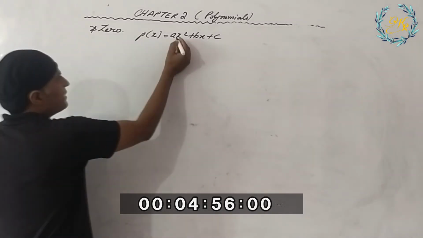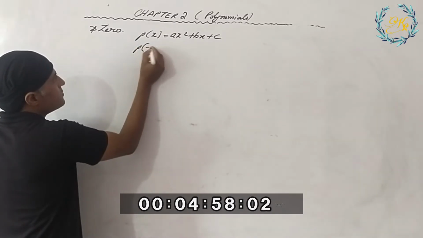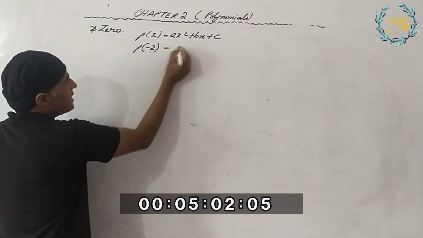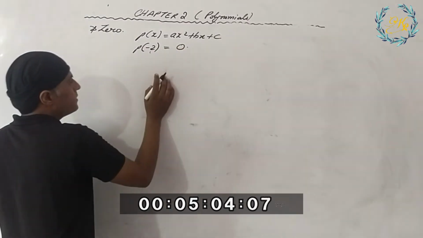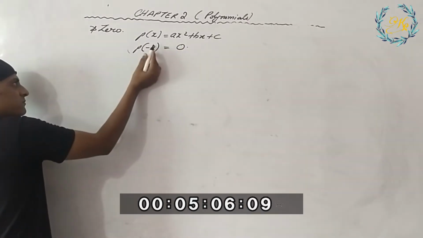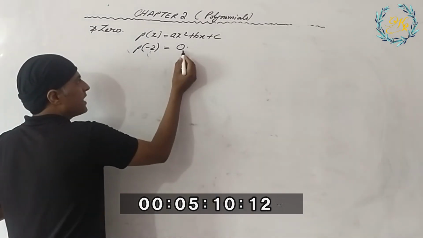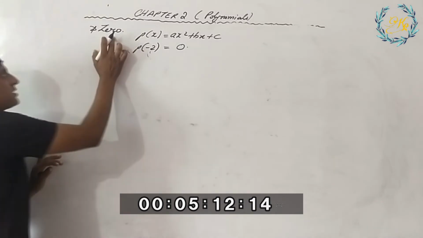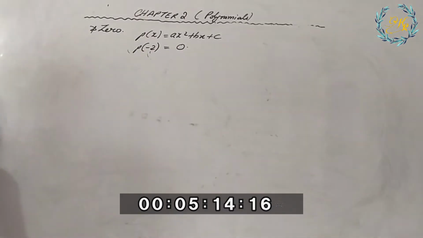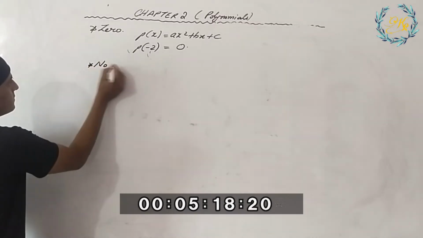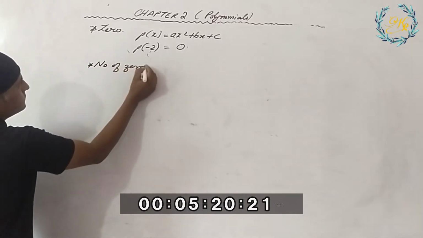Suppose I have minus 2, if I place this value in this type of equation, I should get the answer as 0. Understood? So any real number which when placed in an equation gives the resultant as 0 is termed a zero of a polynomial.